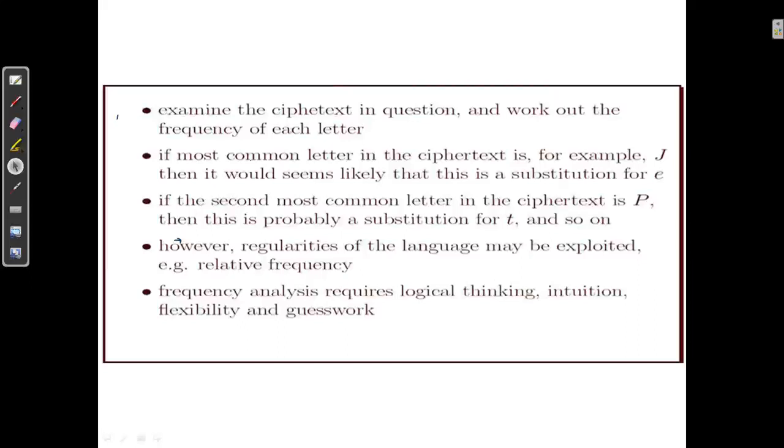If the most common letter in the ciphertext is, for example, J, then it seems the substitution for this is E, because E has the highest frequency in the English language. If the second most common letter in the ciphertext is P, then the substitution is for T. The regularities of language may be exploited this way. Frequency analysis requires logical thinking, intuition, flexibility and guesswork.